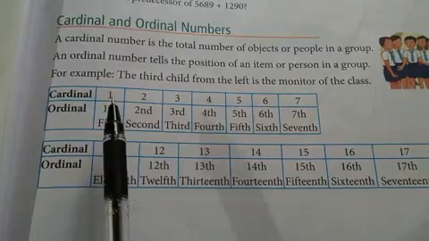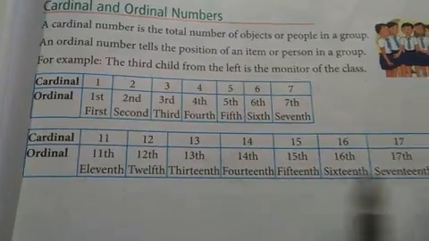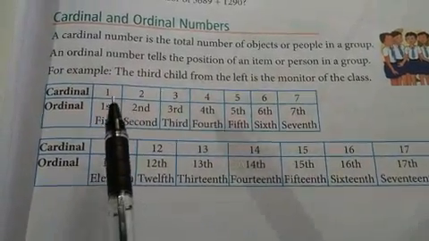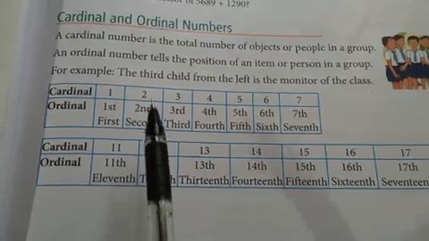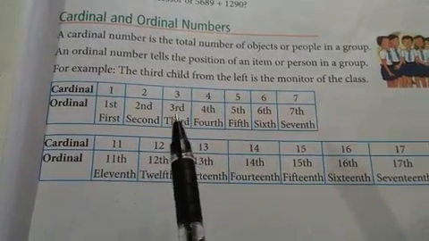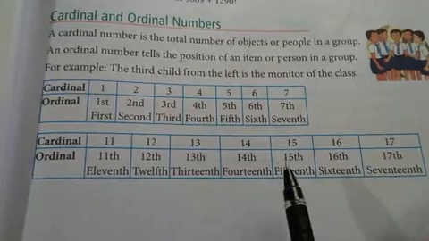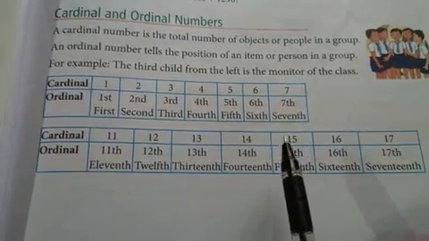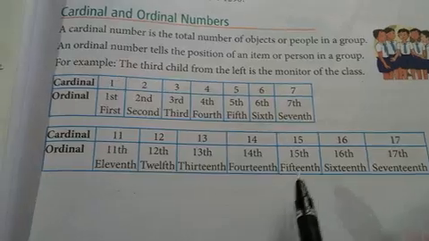So the cardinal numbers go like this: 1, 2, 3, 4, 5, 6, 7 and onwards. But the ordinal numbers, particularly when we talk about 1, that will be first, and when we talk about 2, that will be second. When we talk about 3, that will be called third. Likewise, suppose somebody has got 15th rank, so that person, if it is asked, will be 15th.